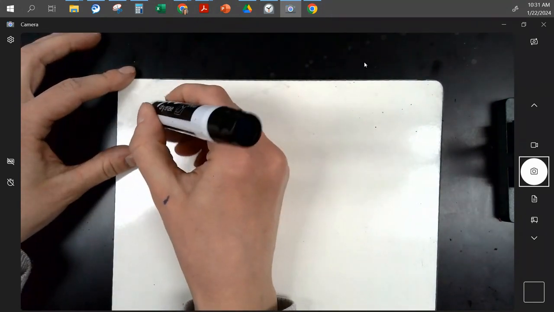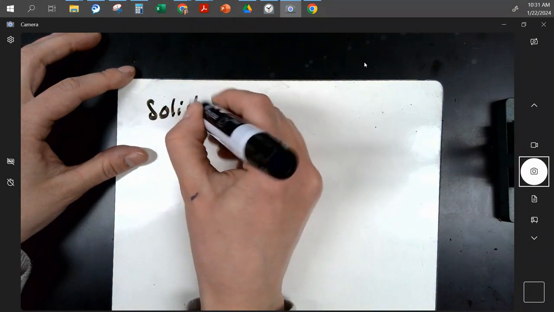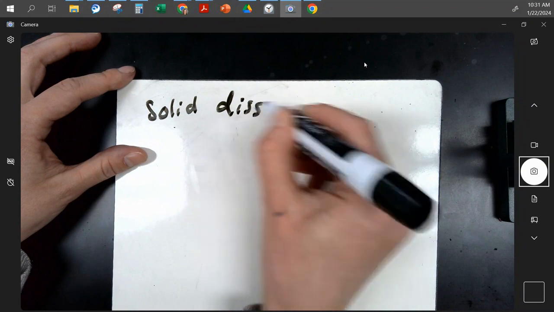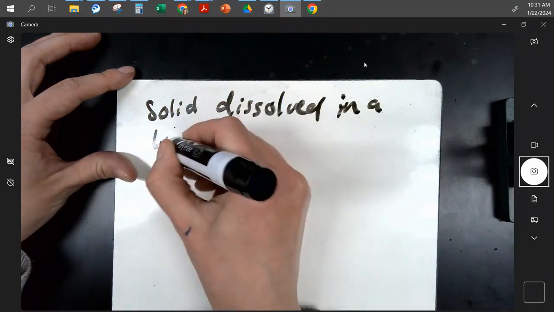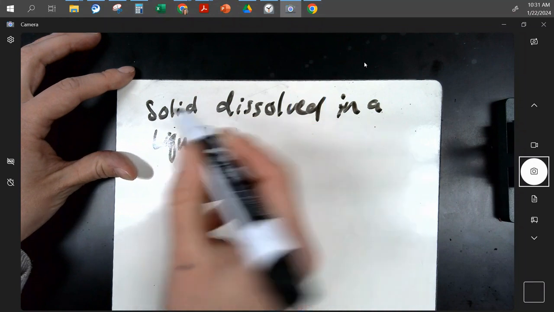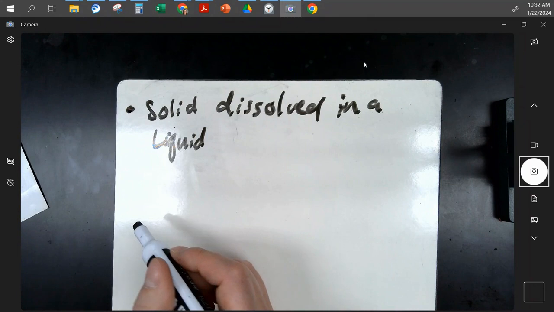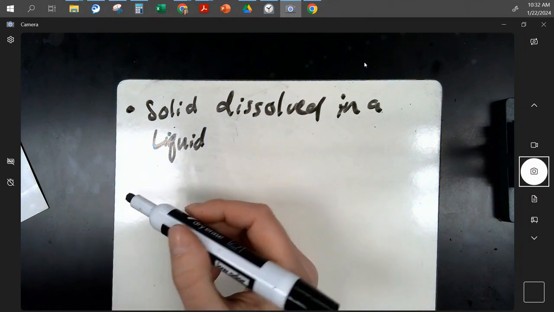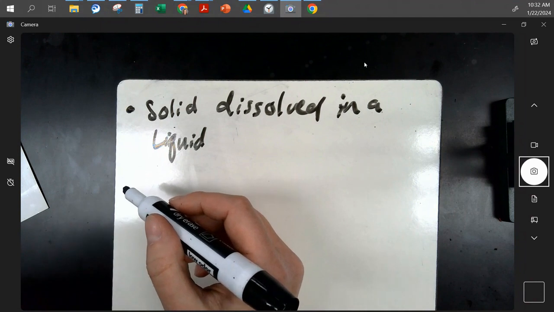Okay, so if we have a solid dissolved in a liquid. So imagine yourself, you're making syrup and you're putting sugar in water. So what can we do to affect the solubility of the sugar?